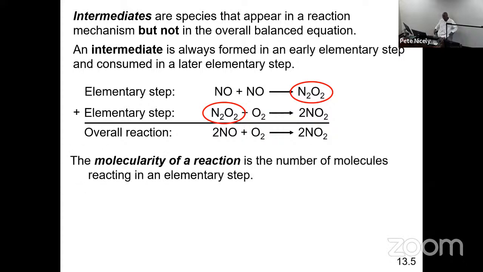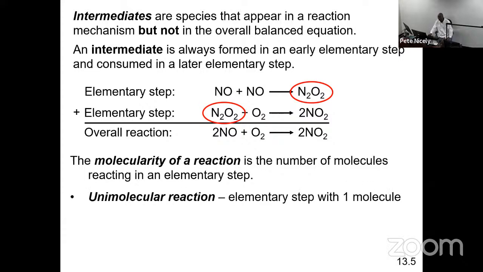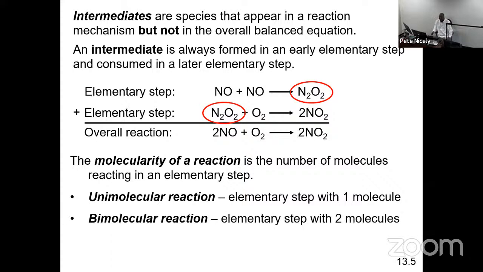Another term I need to introduce to you is molecularity. The molecularity is the number of molecules that react in an elementary step. So in the case of a unimolecular step, it's an elementary step with only one molecule involved. If it is a bimolecular reaction, the elementary step in that case would involve two molecules.